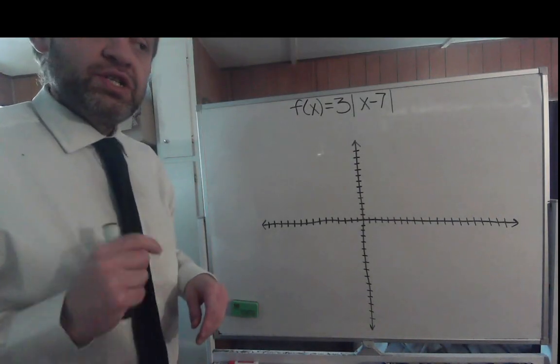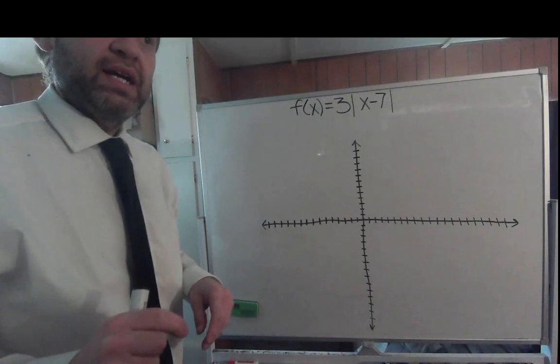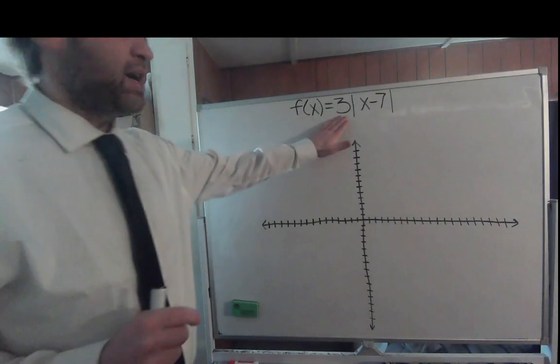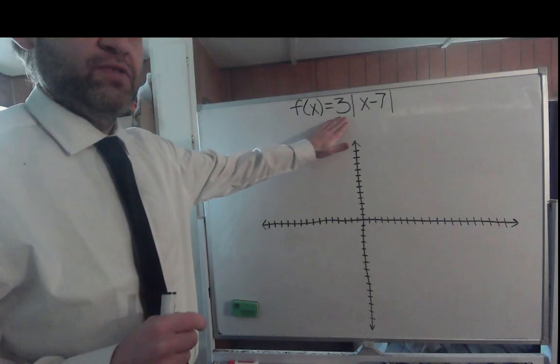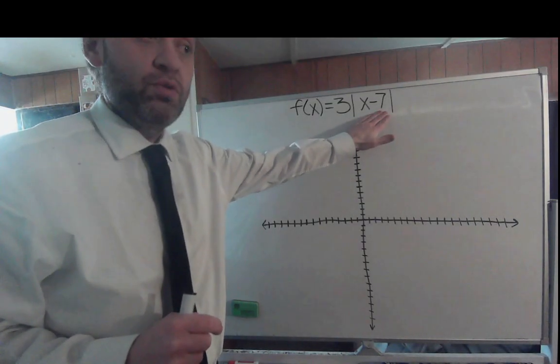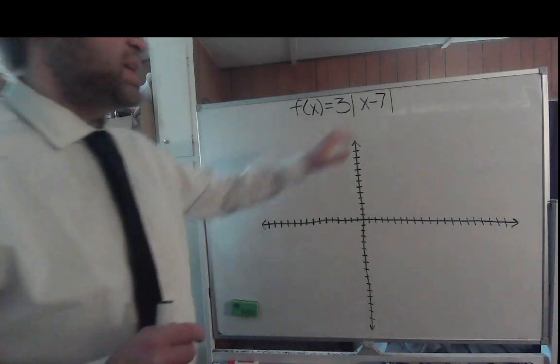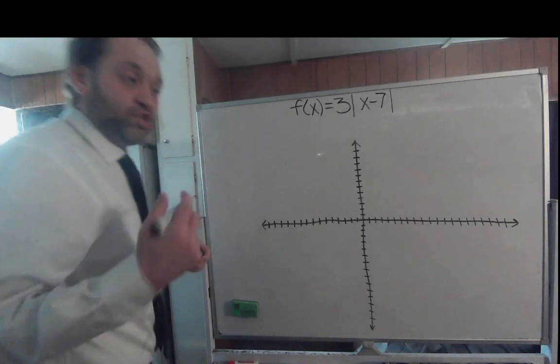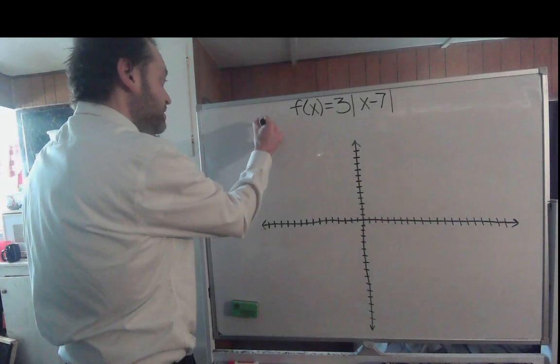First thing you want to do, identify the vertex. How do we find the vertex? Ignore that coefficient on the outside for a minute. Just look at the x minus 7 portion. If you set x minus 7 equal to 0, what would you get? x would equal 7.